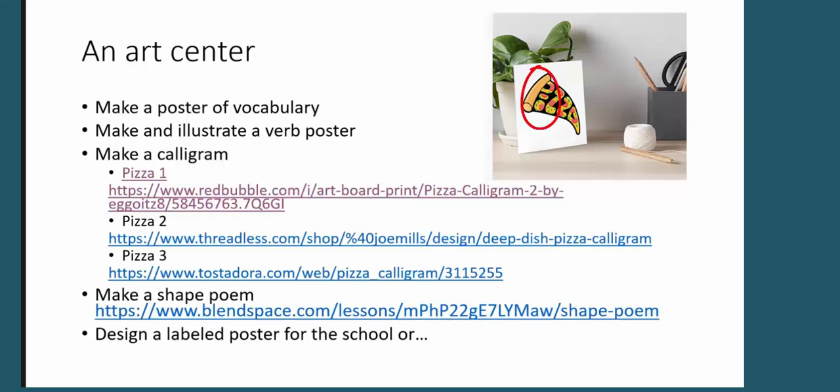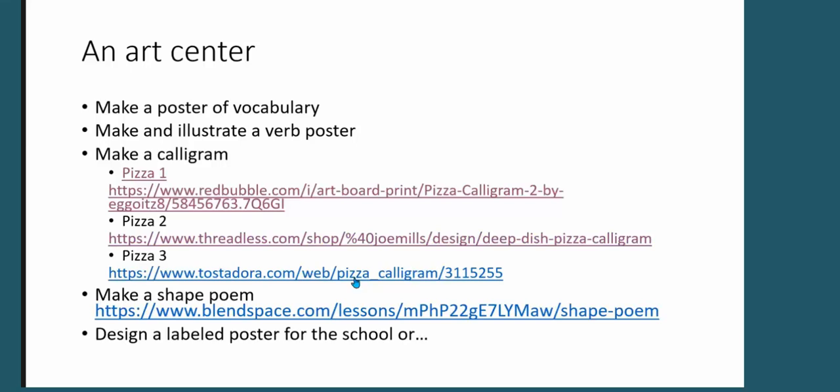You can see this is the P for pizza, then the I, then the two Z's, and then the A. That's a calligram. If you show them examples ahead of time, then it will be their turn to make a calligram. The students I worked with enjoyed that. And in your art center, you put the markers and the paper and whatever art supplies they need for the center.